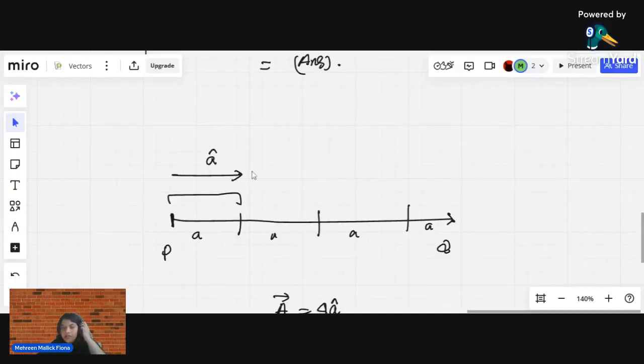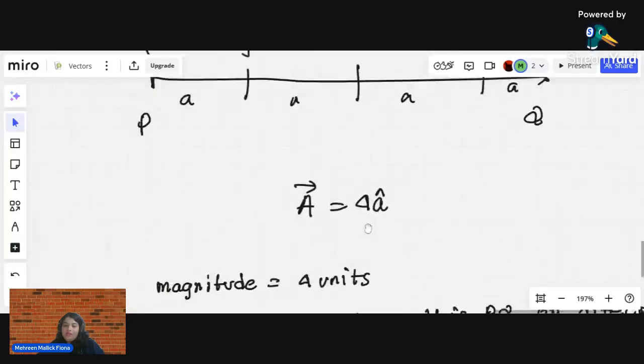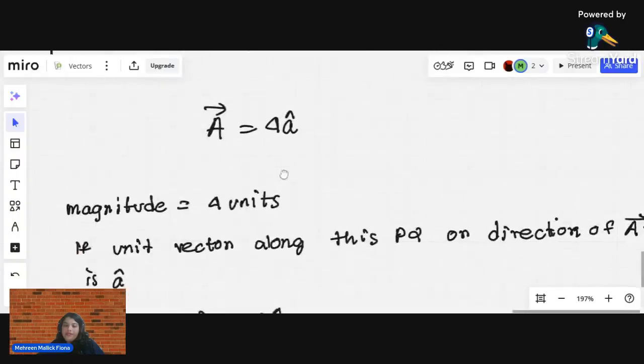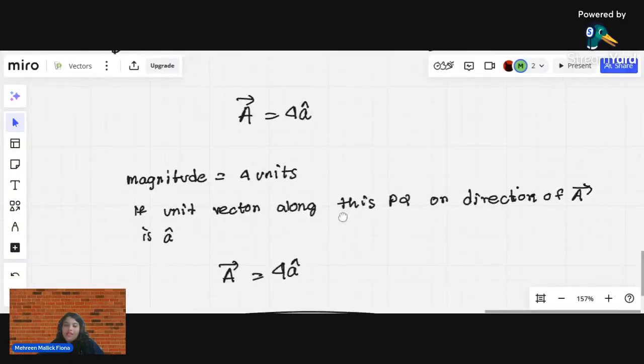So if I want to know the overall value of this vector and name it A, then the value would look like 4A, because we divided it into four equal parts and four units. So the unit vector along this PQ or direction of A is A prime.